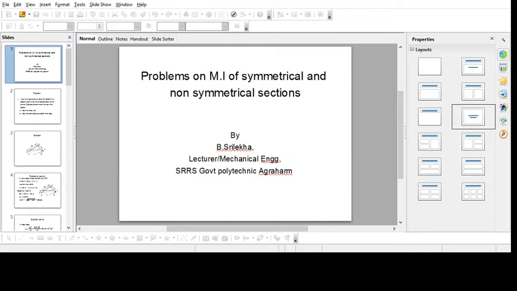Next, the moment of inertia about the axis parallel to the centroidal axis is Ixx is equal to Ixx1 plus Ixx2 plus Ixx3.